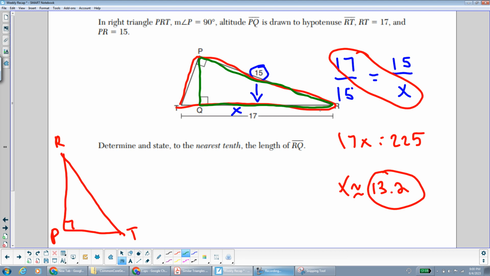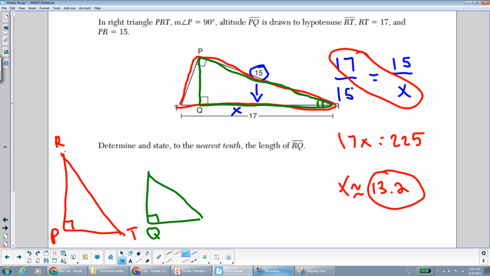Now I'm going to redraw the smaller right triangle, the one that we're trying to find a side of, so that it's facing the same way. I want to put the right angle in the same spot, so that would be Q on the smaller triangle. The big red triangle and the smaller green triangle share angle R, so angle R has to correspond to itself.